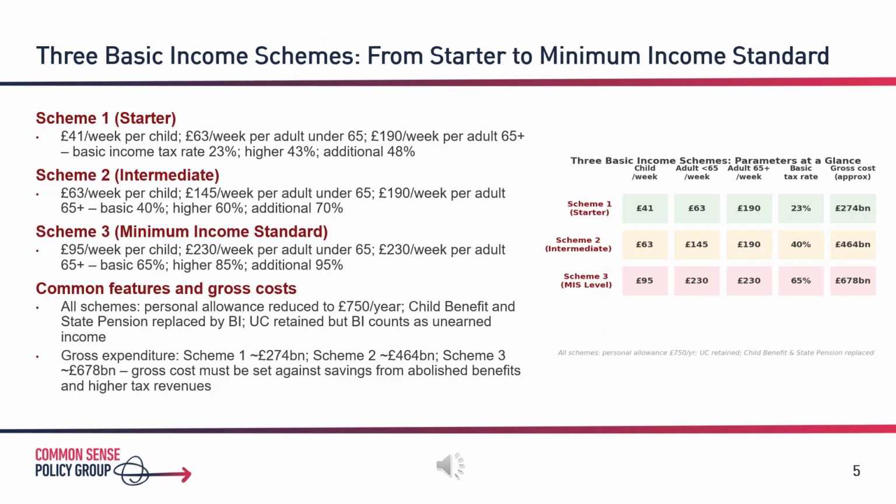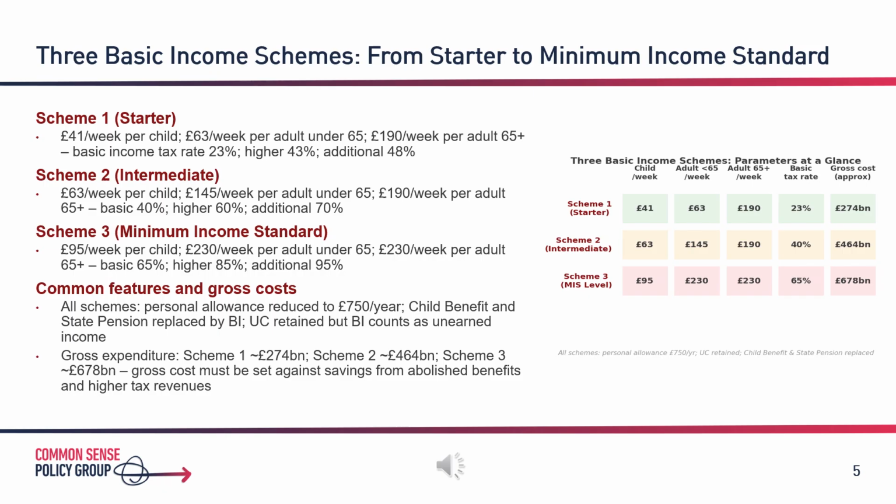Let me work through the specific numbers, because they are important to know precisely, both for analytical purposes and for public communication. Scheme 1, the starter scheme, is the most politically salient because it is the one designed to be fiscally neutral. At £63 per week for working-age adults, it is not far above the current Universal Credit standard rate of approximately £90 per week.